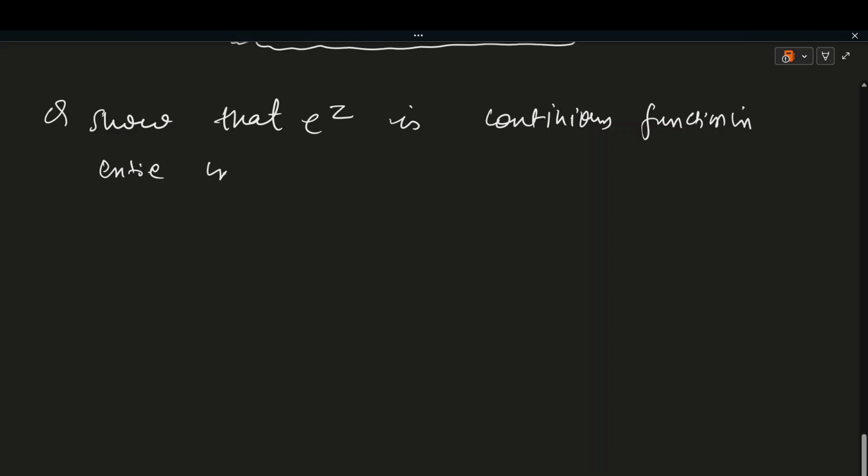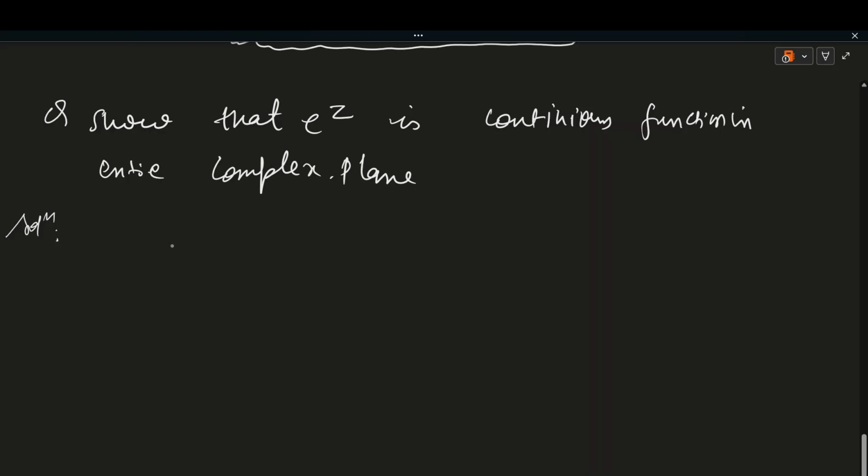You will be amazed to know this. Entire complex plane means you can take any value of z, and if you plot the graph, you will surely get a continuous function. How will we do this question? Let us think about the solution.